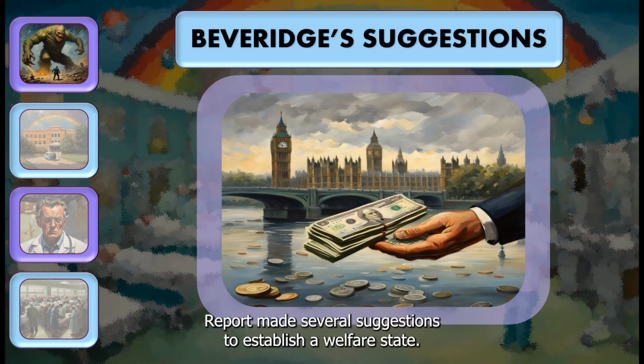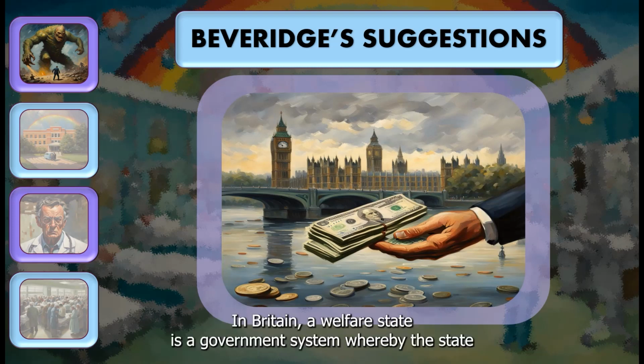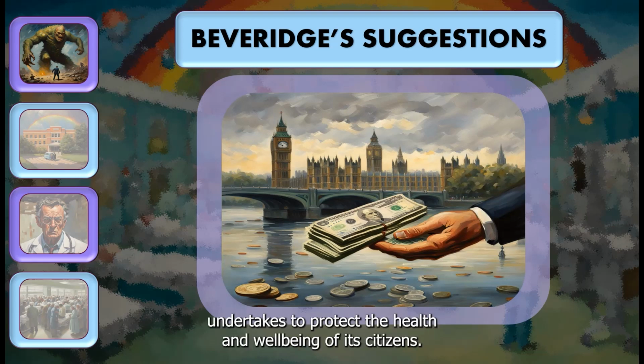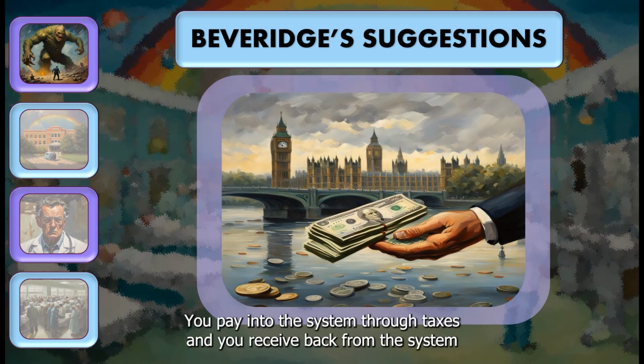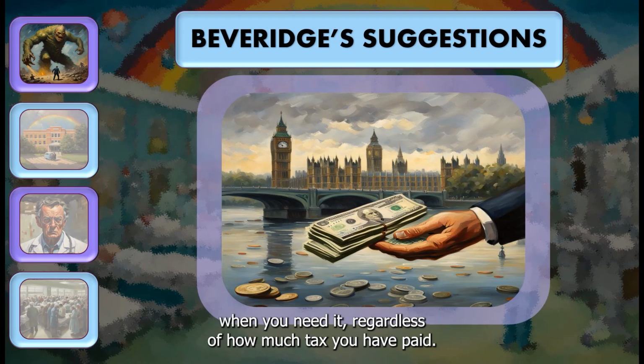the Beveridge Report made several suggestions to establish a welfare state in Britain. A welfare state is a government system whereby the state undertakes to protect the health and well-being of its citizens. You pay into the system through taxes, and you receive back from the system when you need it, regardless of how much tax you have paid.